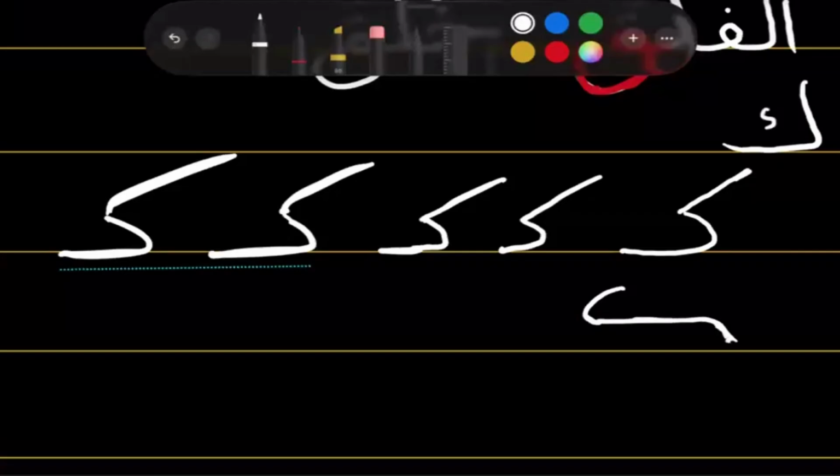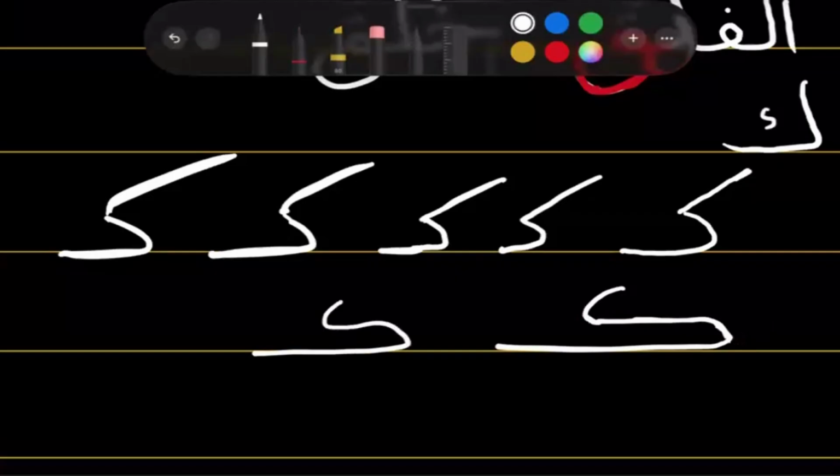Then before I get to the line, a curve, and then connect to the letter after it. So there's a little something here, just erase that little bit there. Like that. Something like that. We'll take a look in the Mus'haf too. So I need to review letter kaf with you.